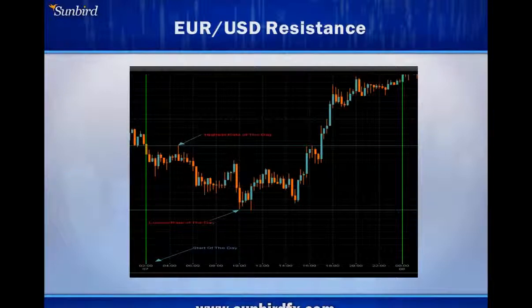Why? Because resistance simply means that it resists the rate. The rate didn't break through, so it's the resistance. It's a line that resists the current rate, the highest rate. And the support means that it supports the rate, so it doesn't go below.